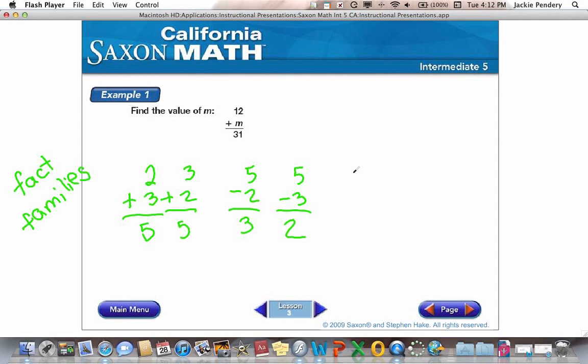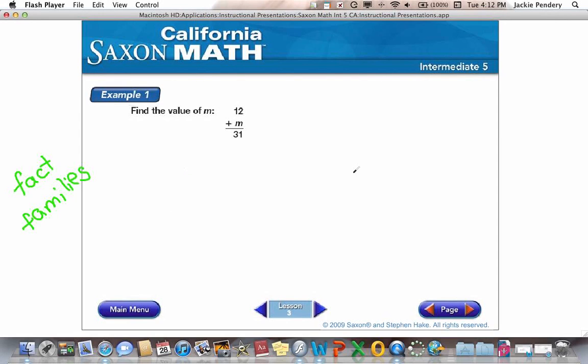So now let's take this information and get rid of this little fact family, but we're going to use the same fact family concept to solve this example.